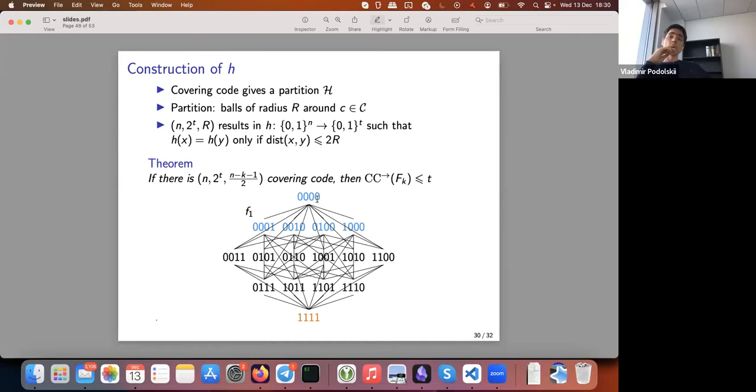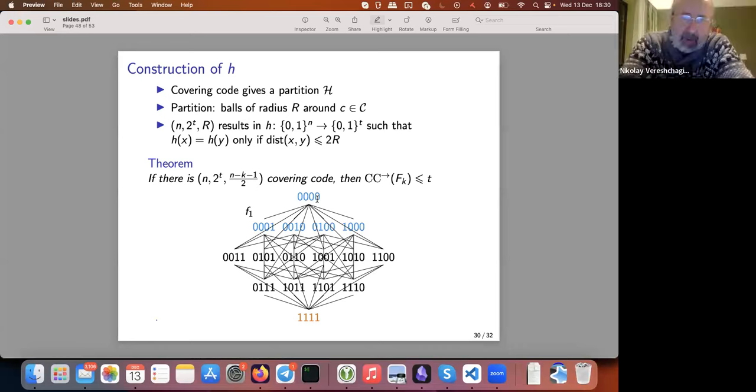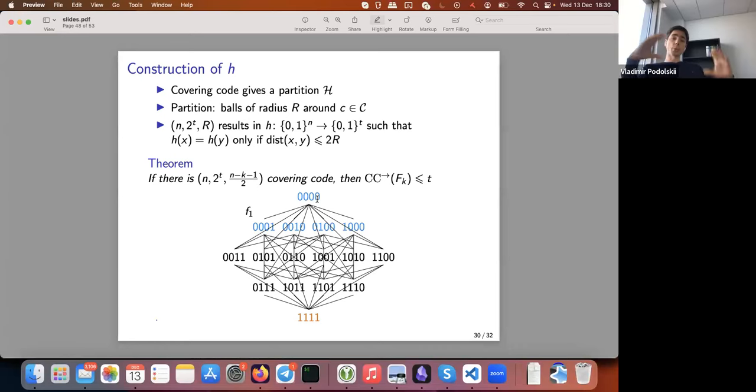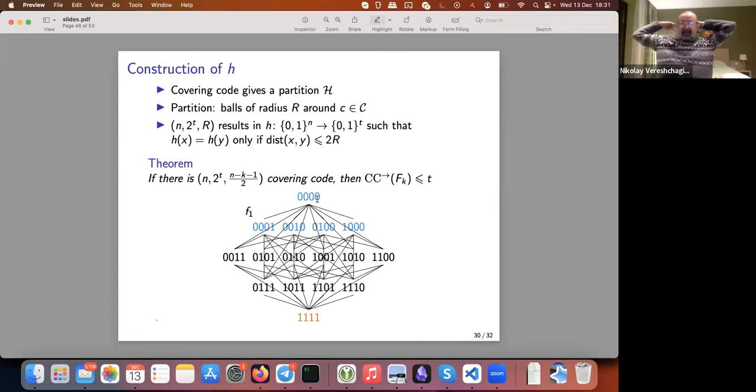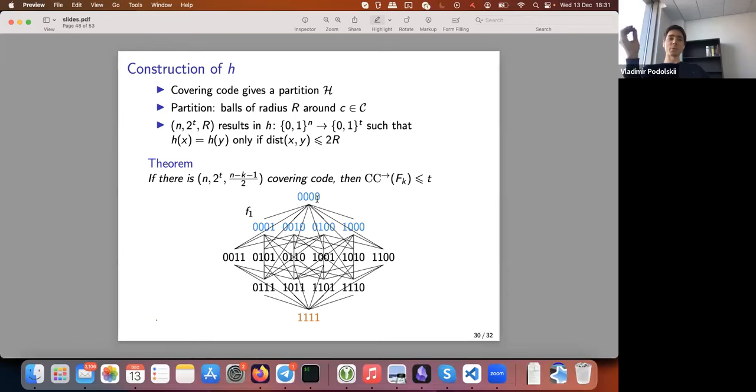All orange points are far from all blue points, and that's it. So your ball can touch only orange points or only blue points, and then you know what the output is. That's it. It's very clever. It's nice.